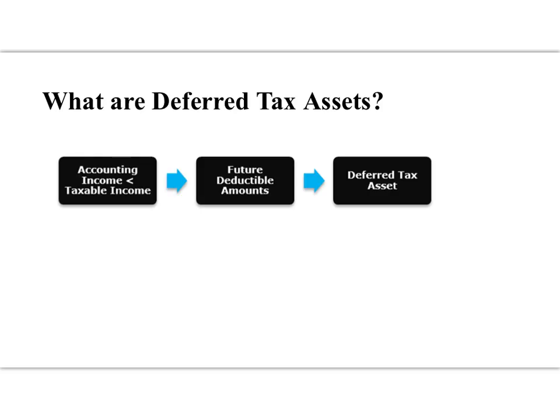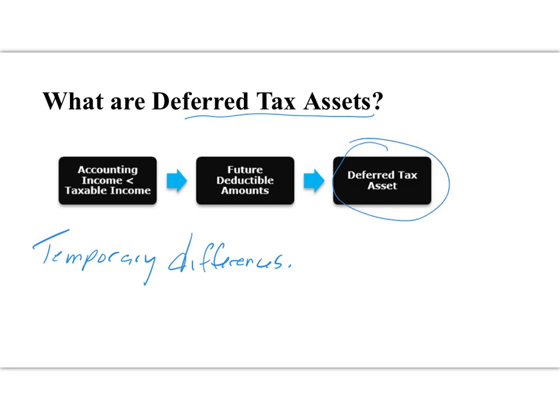All right, so what are deferred tax assets? How do deferred tax assets arise? The first thing we need to remember is that deferred tax assets are a result of temporary differences, not permanent differences, but temporary differences. And why do we end up with this deferred tax asset?